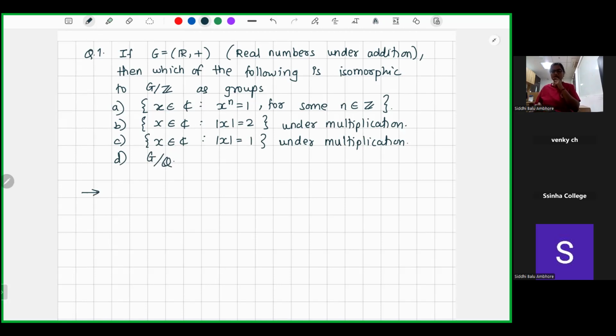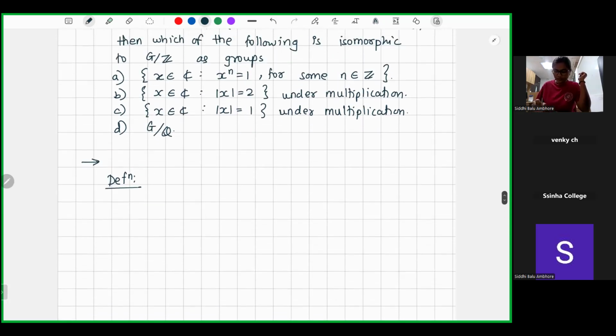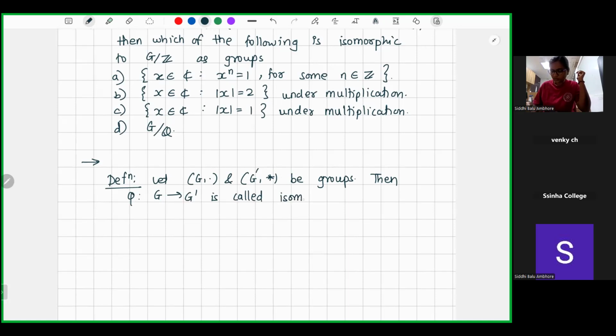I hope you all know what isomorphism is. We discussed this last time as well, but even now: let G with operation star be a group.